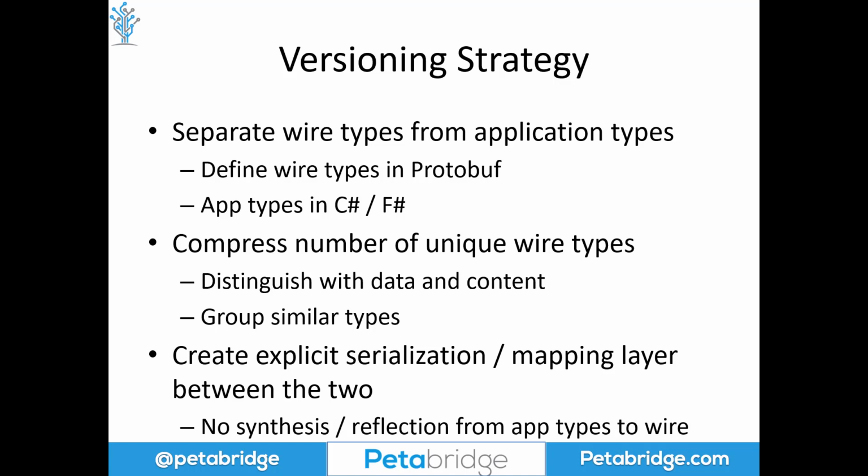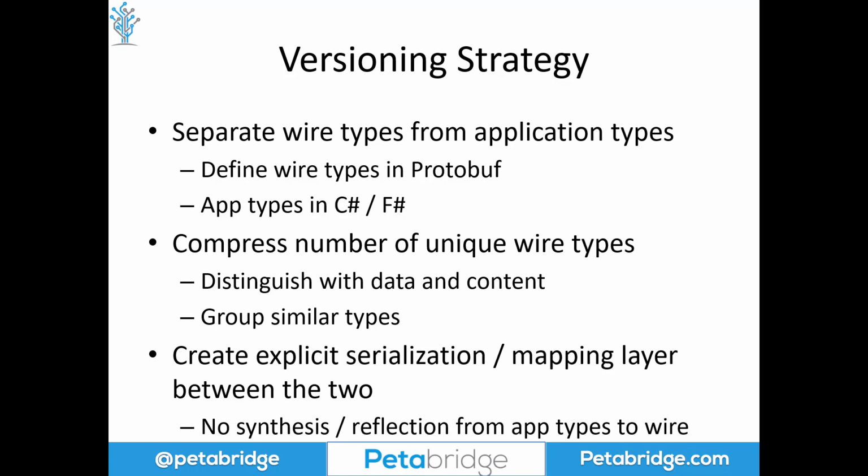We need to go ahead and make sure that there's no synthesis or reflection from app types to wire. Using a library like Protobuf.net completely defeats the purposes of versioning. The reason why is that it's going to reflect on the C# properties or the F# properties and generate a protobuf definition from that. Well, now we're back to polymorphic serialization again, where all of the same deficiencies can happen from allowing developers to make changes to the application programming model without understanding what those side effects are in the wire model.